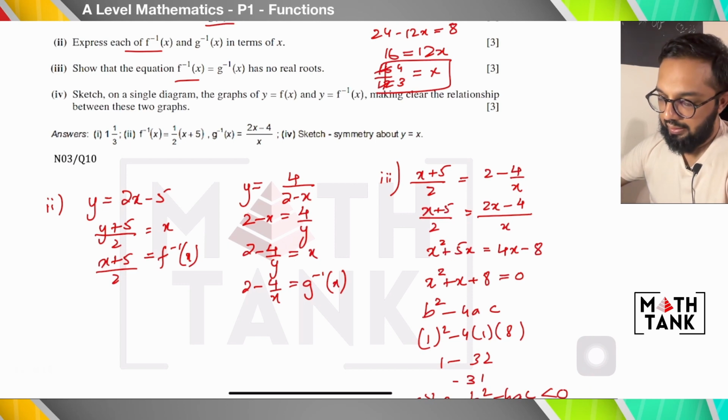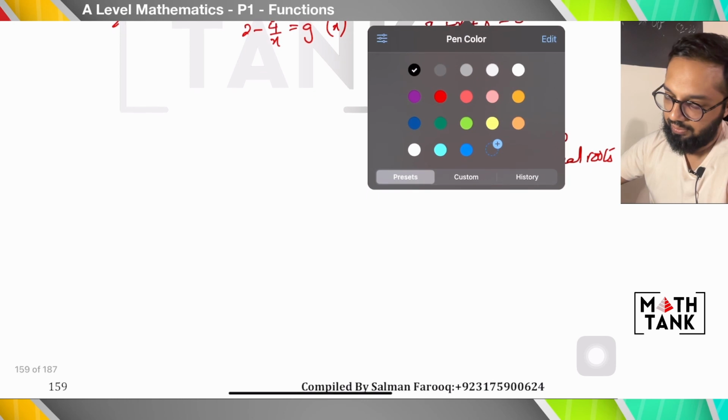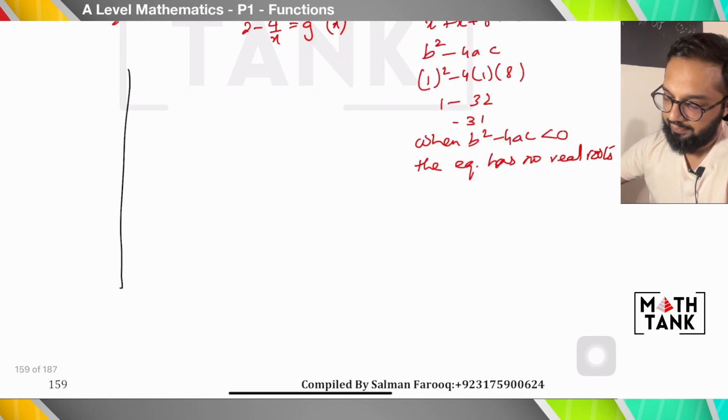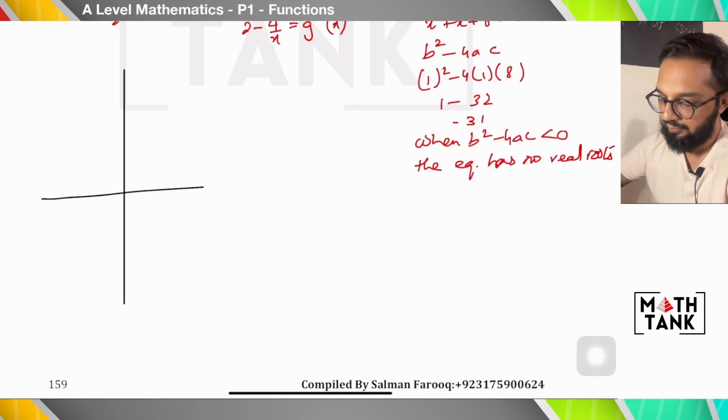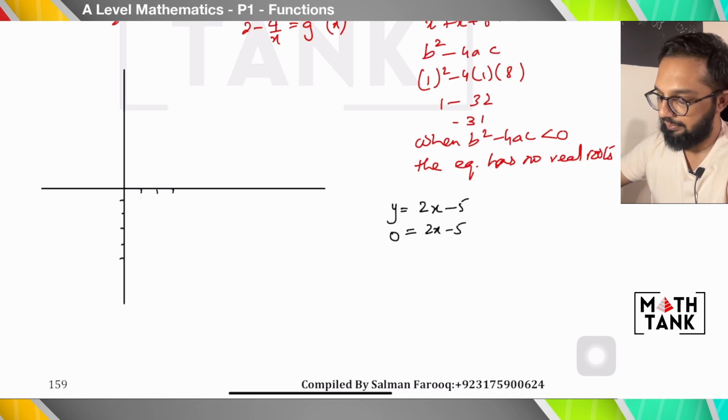Sketch on a single diagram the graph of f and f inverse, making clear the relationship. So I'm going to draw the graph. I can see that the y-intercept is minus 5 for 2x minus 5, and the x-intercept will be 5 over 2.